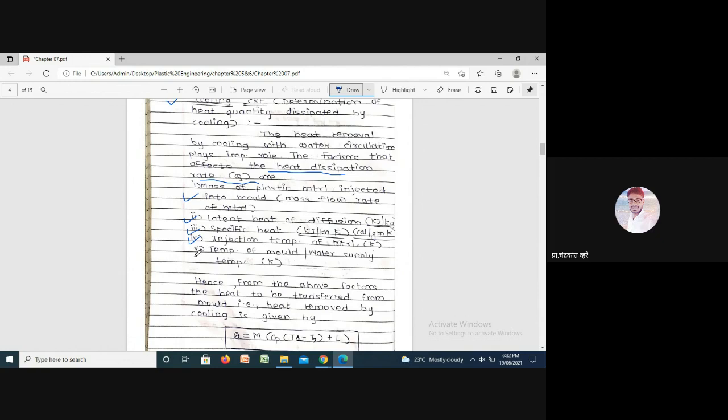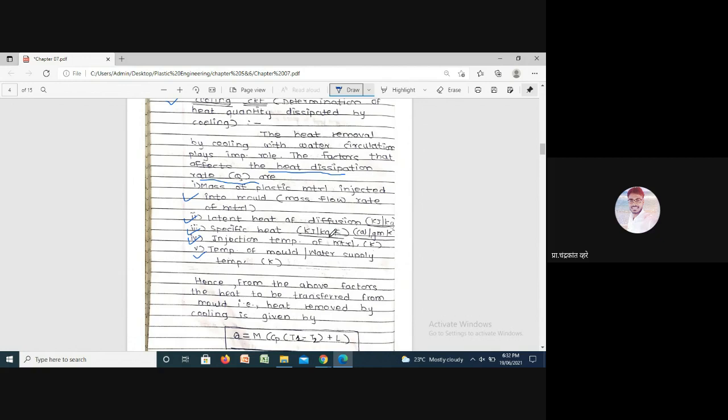And the temperature of the mold means the temperature of the metallic mold, upper and lower, which we should maintain before injecting the material. We cannot inject hot material into a cold, atmospheric-temperature mold, because that will affect the quality of the product.